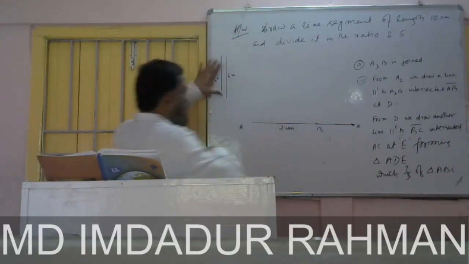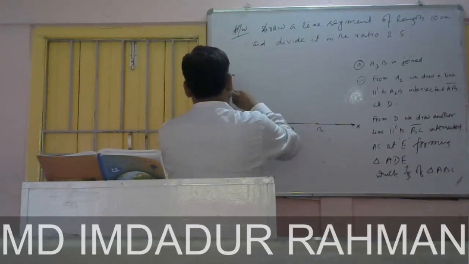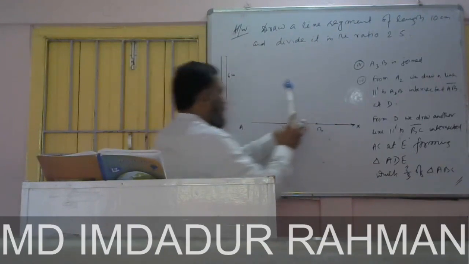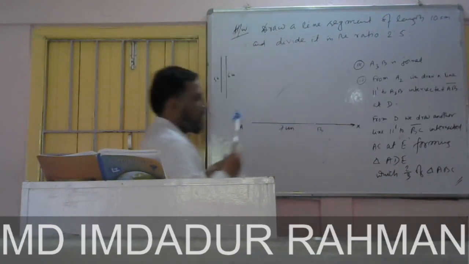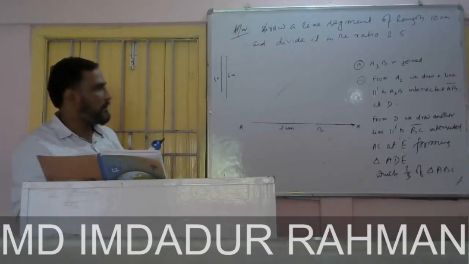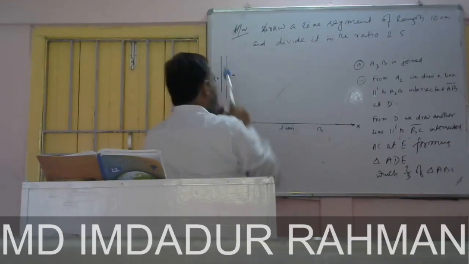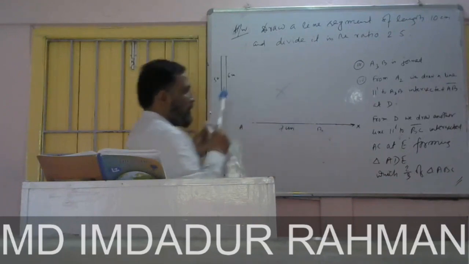And copying here 6 cm, and mark an arc, and again taken 5 cm from A. We have drawn this.